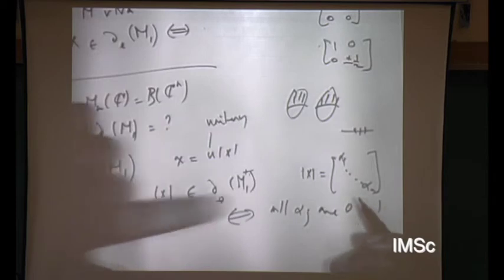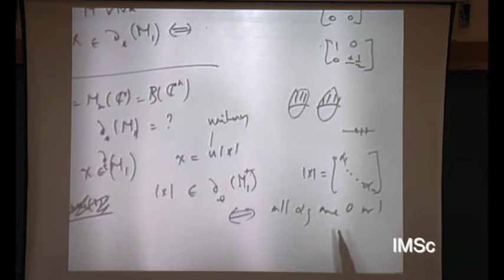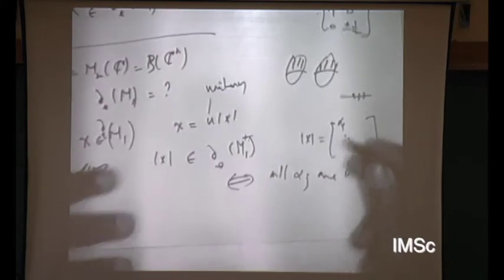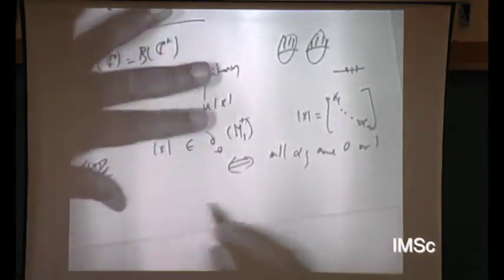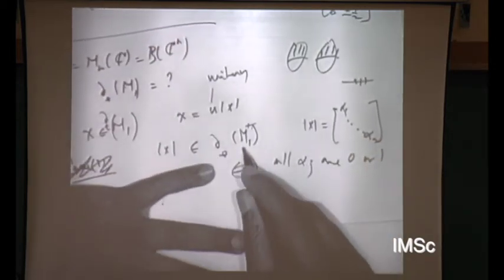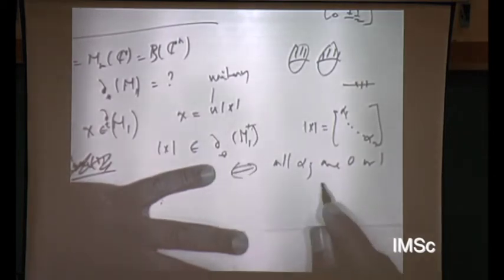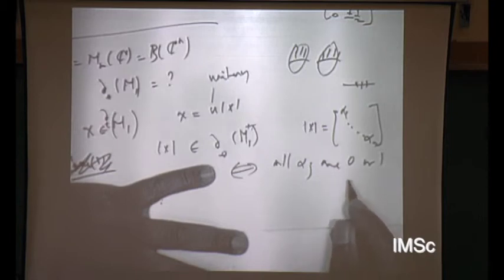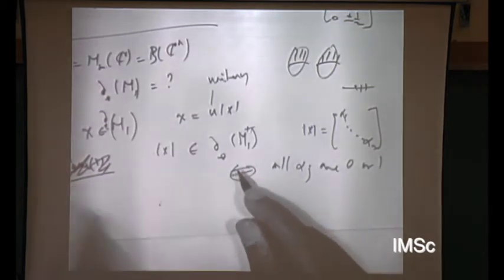So what I'm saying is, if alpha 1 is 0, see, it is an extreme point of the positives in the unit ball if and only if they are all 0 or 1. That's an if and only if statement.